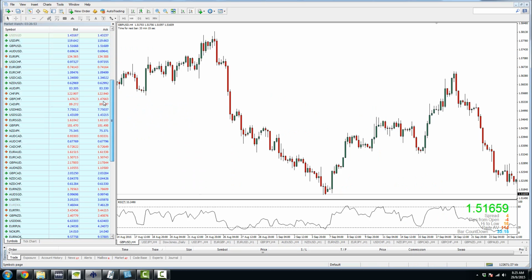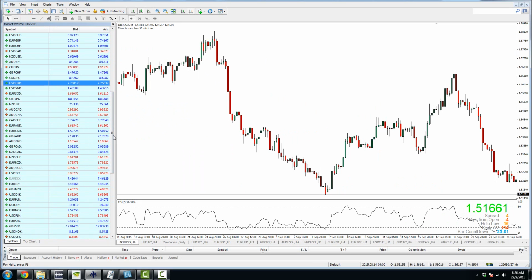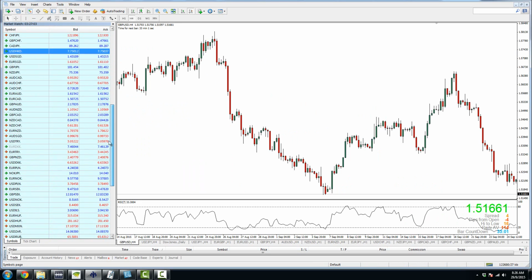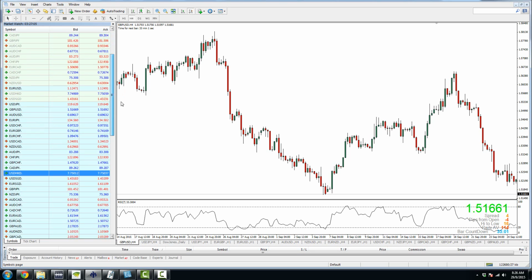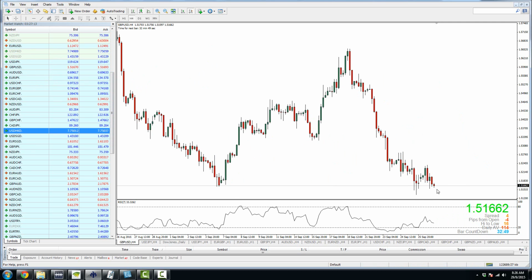You can see all the prices of the pairs that are available on your broker. This might not be the full list. Right click and do a show all for the full list. Okay, so for example, now I want to trade the sterling dollar. This is the chart of the sterling dollar.